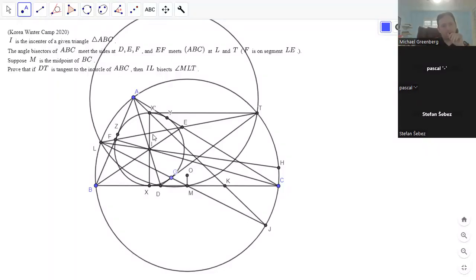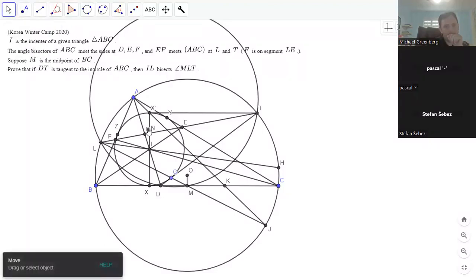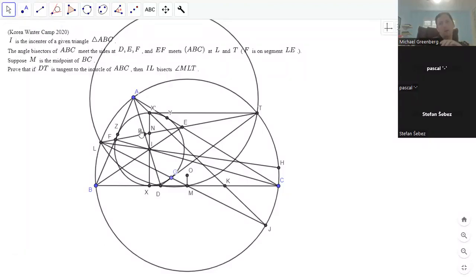Okay, and if you took the intersections of IX and AD and those two with EF, so intersection of XI with DF, and yeah, those two. Then by those angles, we would need to show that NI is tangent to LPI. Okay.